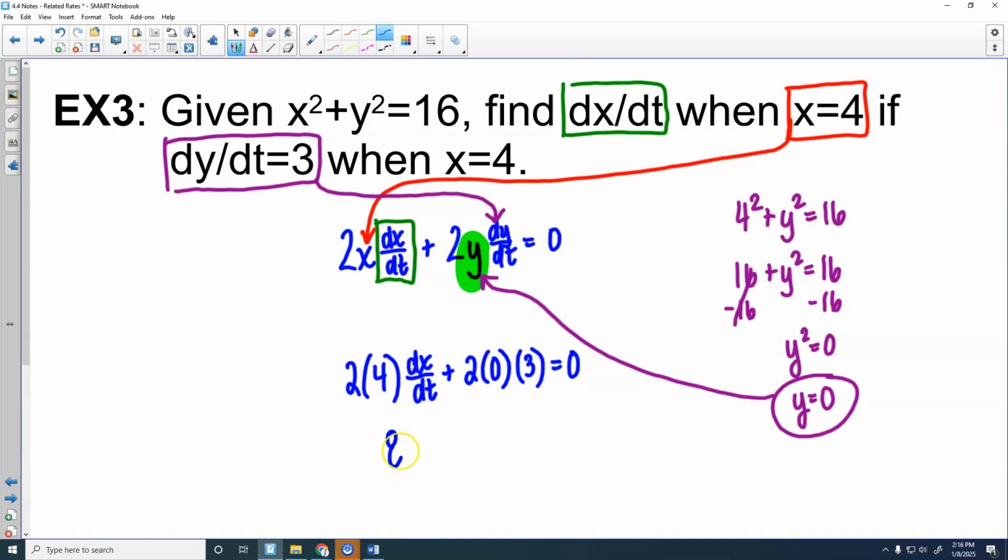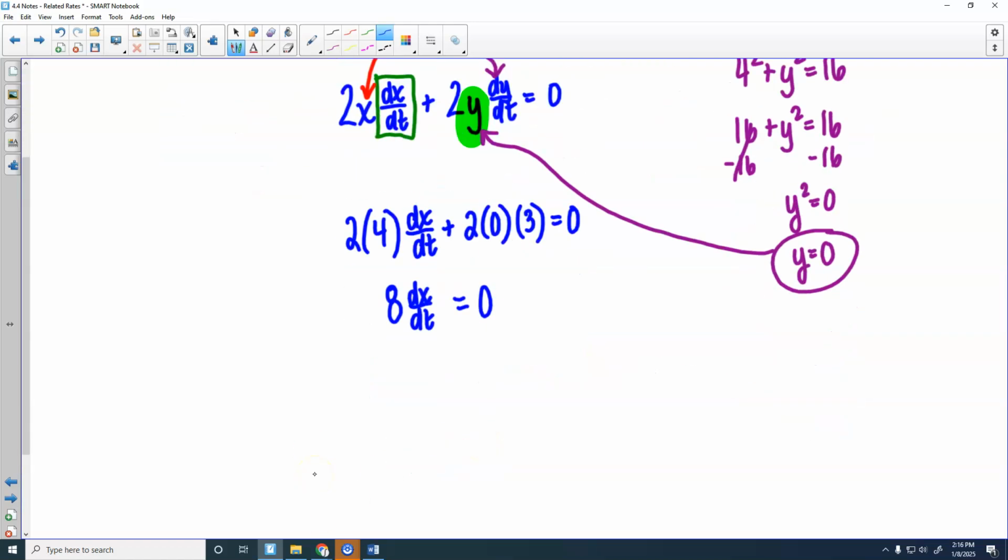You've got 8 dx/dt plus 0 equals 0. So really I don't even have to write that plus 0 if I don't want to. So how do I solve that? Divide by 8. What do I get for my answer? 0. I don't like it, but it is the answer. So dx/dt equals 0.